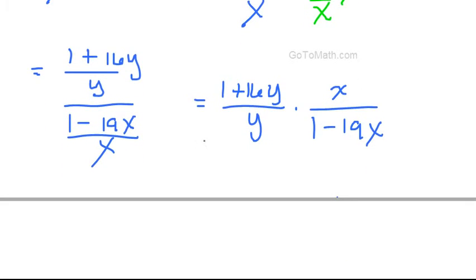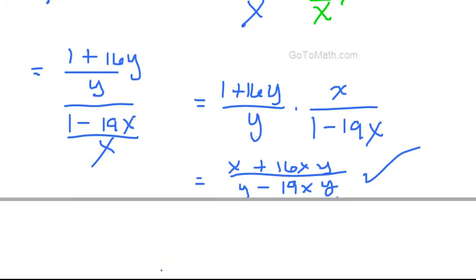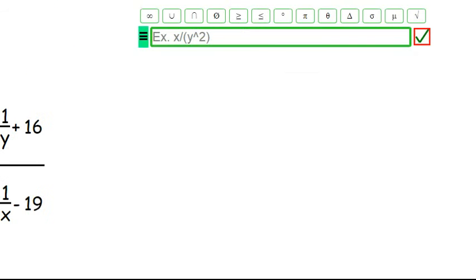See that? And let's go ahead and distribute this x across. So we're going to have x plus 16xy, and that's going to be over y minus, run into this crazy thing, 19xy. Kind of sloppy, but hopefully you got it.